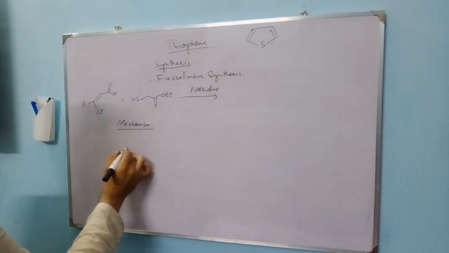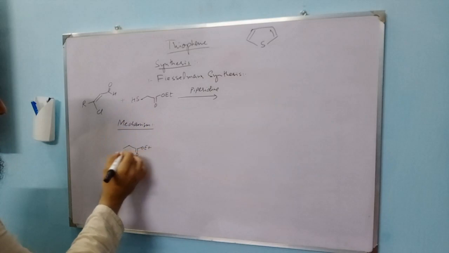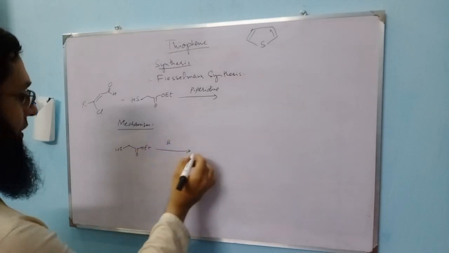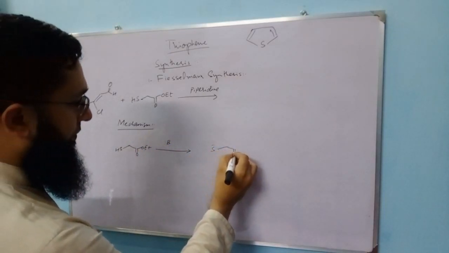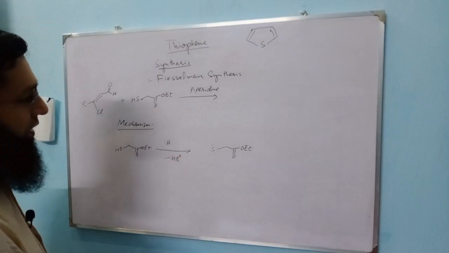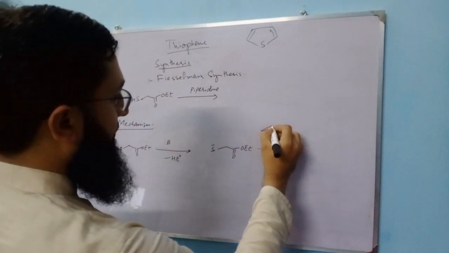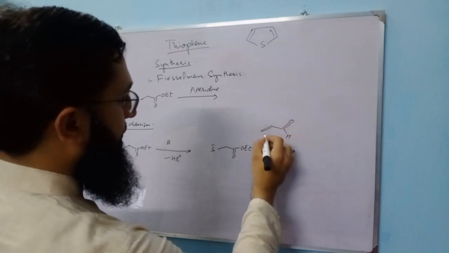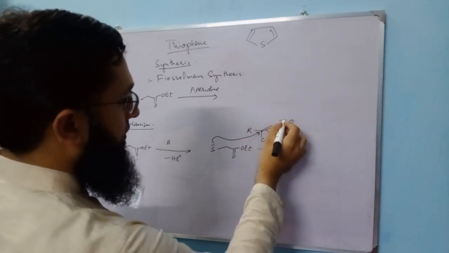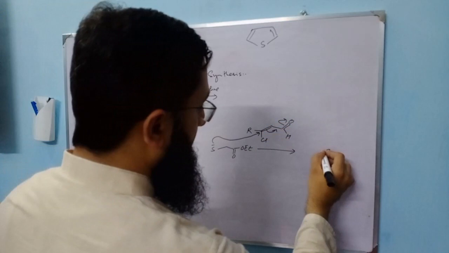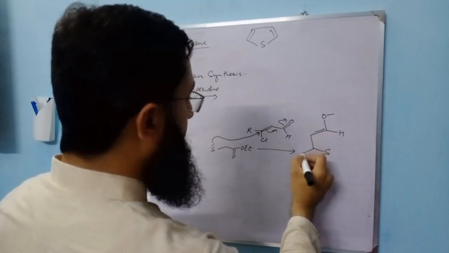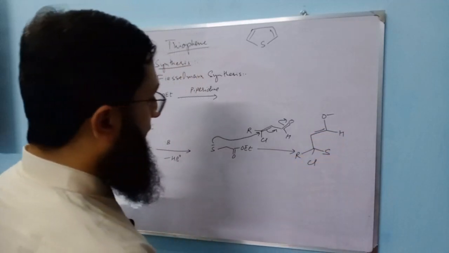In the first step, this thioglycolate reacts with base and we get this one, minus HB positive, and this reacts with beta-chlorovinyl carboxaldehyde, and as a result we get this.